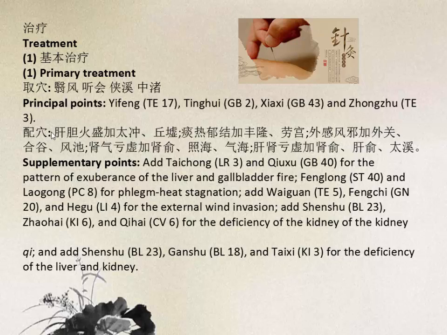So stomach 40 and pericardium 8 for phlegm or heat, right? Stomach 40 is the most important point for phlegm. Pericardium 8, Lao Gong, right? What does it do? What's its main function? It clears heat, though this isn't quite blood level heat. What else is related to the pericardium?